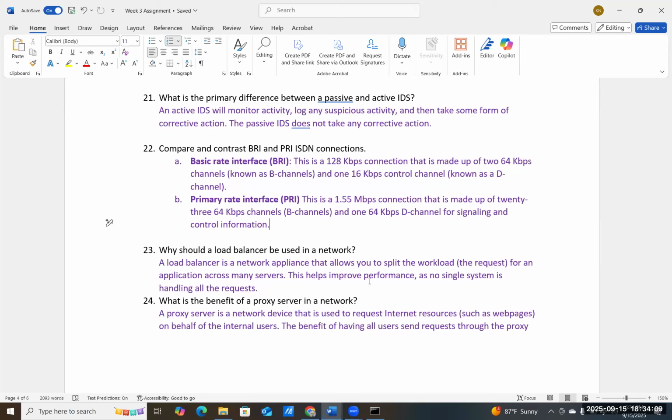It helps improve performance because you're not bogged down to one single system to do the job. So let's say that I told you to go and do something very difficult, but instead of tackling it yourself, which would take you 5 hours, you give it to 10 people at home, each tackling part of it. And so you're able to finish everything in 10 minutes. The load balancer does that.